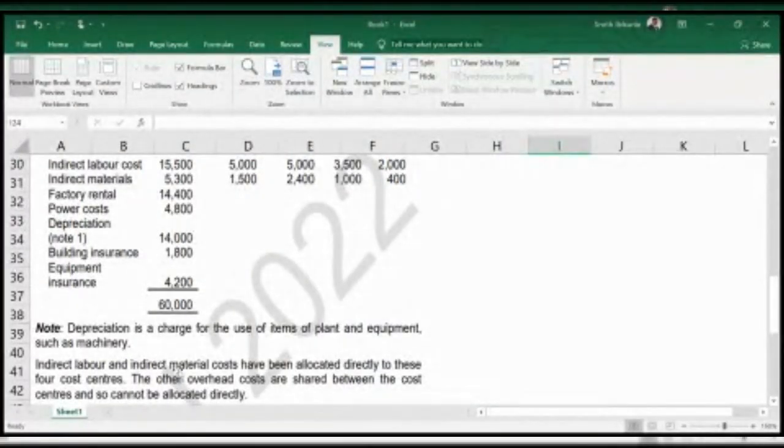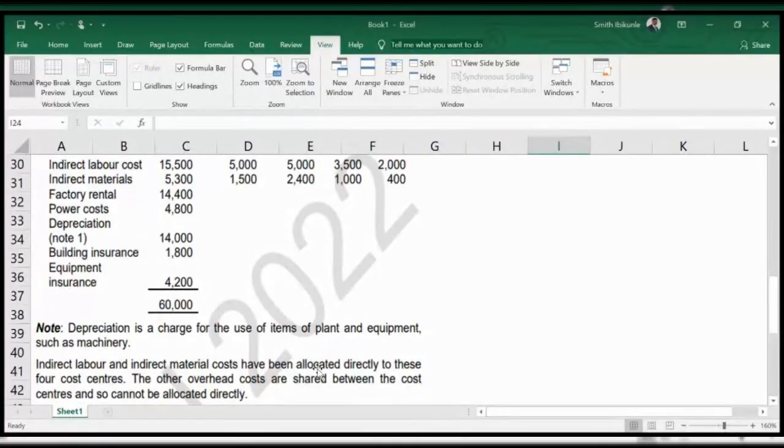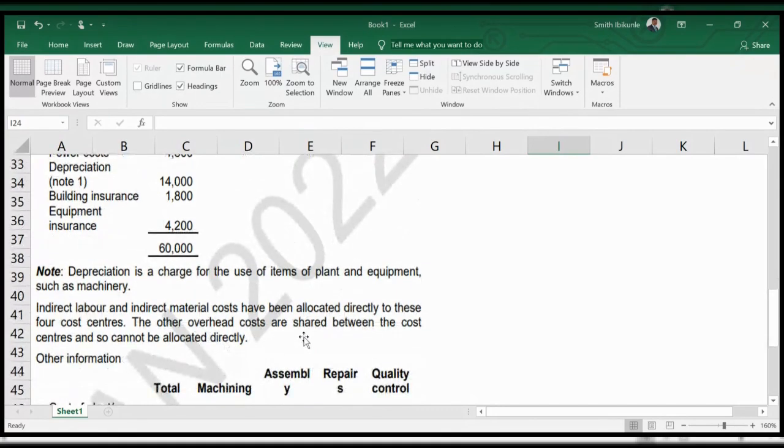Indirect labor and indirect material costs have been allocated directly to these four cost centers. What it means is that they were incurred separately to their overhead allocation; they didn't have to share it. They just added it up to total 15,500. Now, the other overhead costs are shared between the cost centers and so cannot be allocated directly. They have to be apportioned.